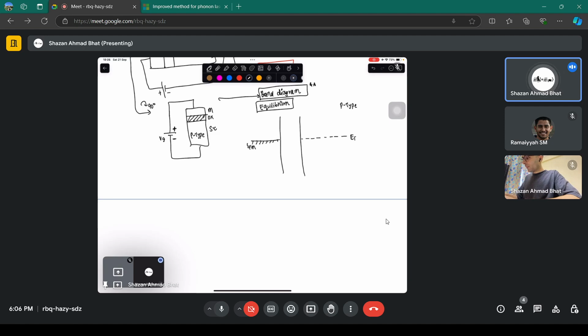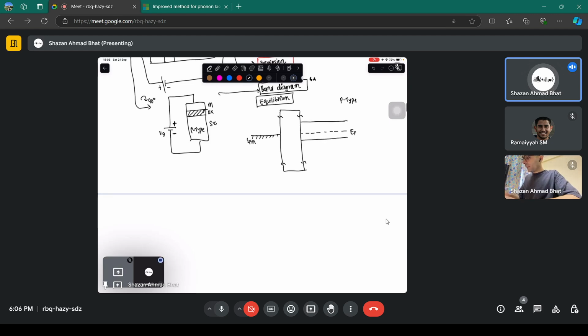The bands are all flat at equilibrium. Ideal condition. This is not drawn to scale, just showing the signs. So this is the equilibrium band diagram of this MOS capacitor, when there is no application of any voltage.